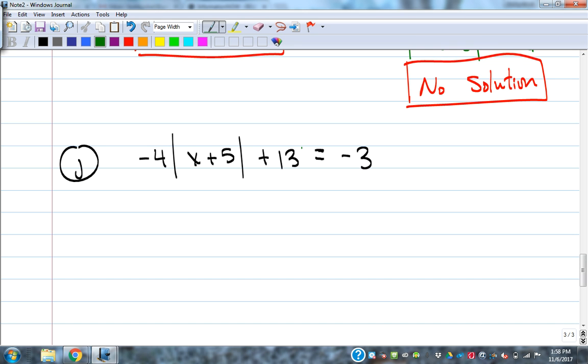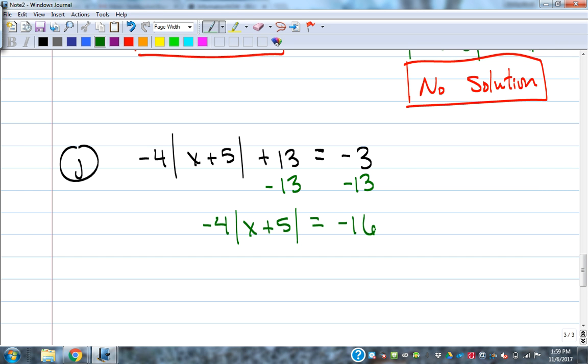Okay? So right now, just looking at it here, that's the right first step. But looking at it right now, we got an absolute value on this side, and it's equal to a negative number. So we're thinking, this is probably no solution. But don't decide yet. Go ahead and do the first step of subtracting 13. All right, so you're a step ahead of us. So negative 3 and negative 13 be negative 16.